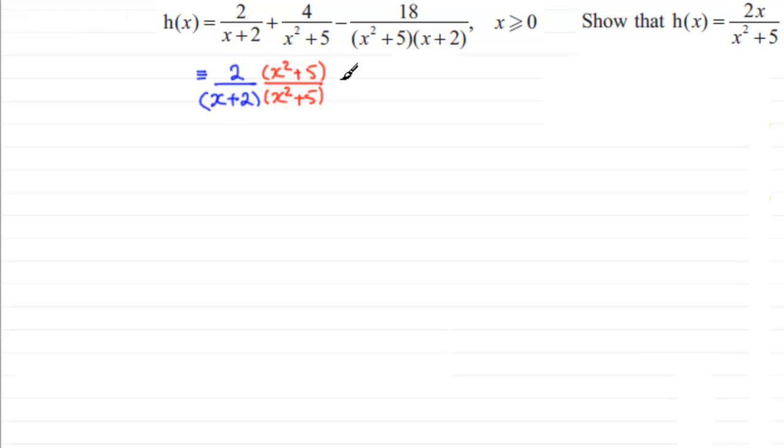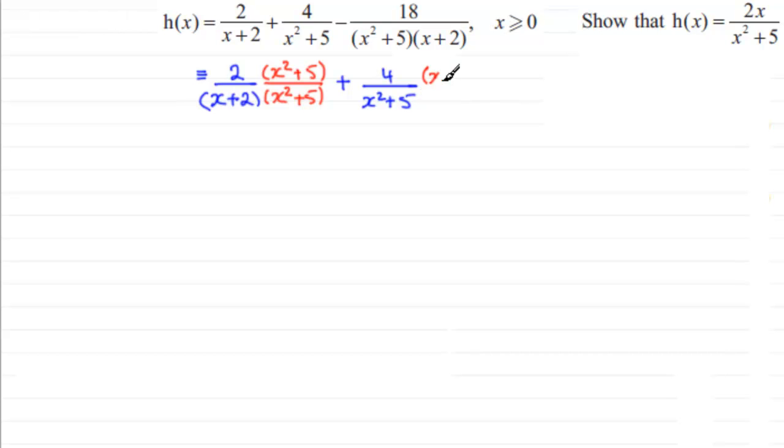Okay, we go on to the next fraction, which is plus then, and we've got 4 divided by x squared plus 5. And again, we've got to multiply top and bottom by the same thing, so effectively multiplying by 1. And in this one, so that we get this denominator here, we've got to multiply top and bottom by x plus 2.